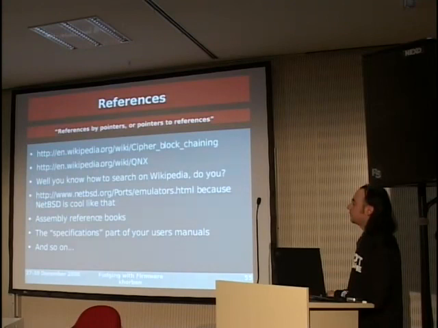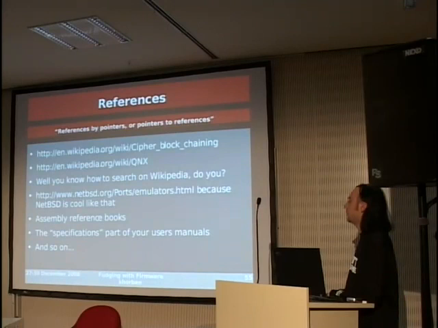Now, I'm almost finished, sorry, with this talk. Wikipedia was a very good help with this research. I think you know how to use the search button on Wikipedia. There are articles on pretty much everything already.